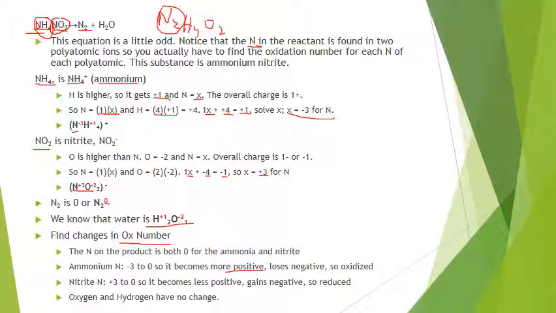The way it does that is it loses negative charge, so it's being oxidized. The nitrite, on the other hand, goes from +3 to 0. So it becomes less positive, which means it becomes more negative, and it's reduced. And the oxygen and hydrogen have no change.